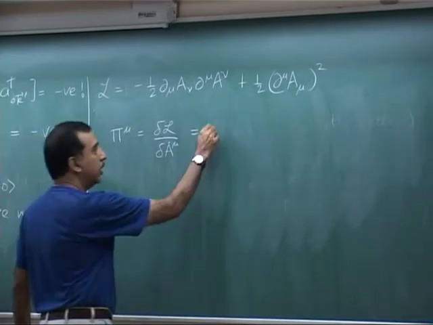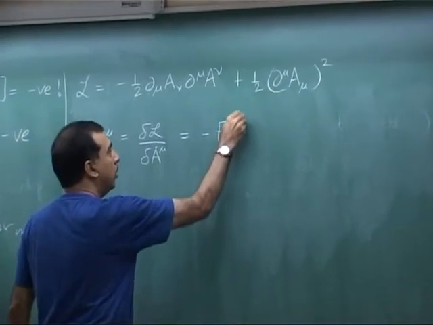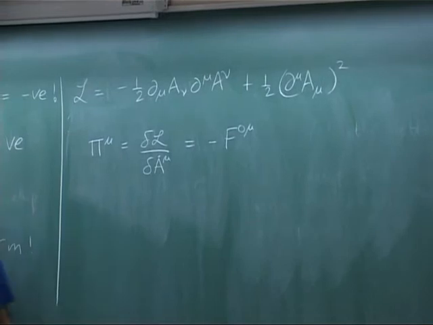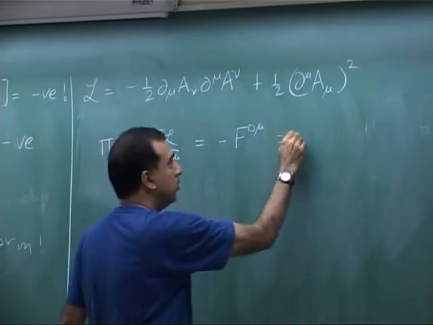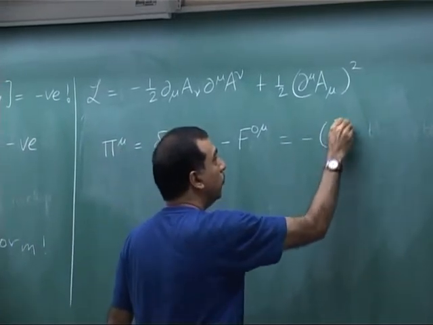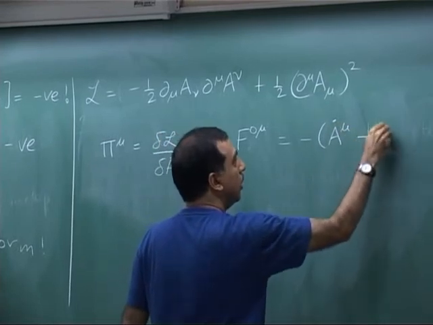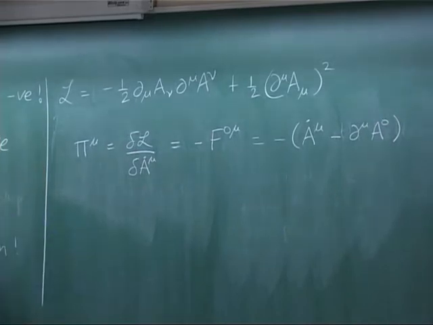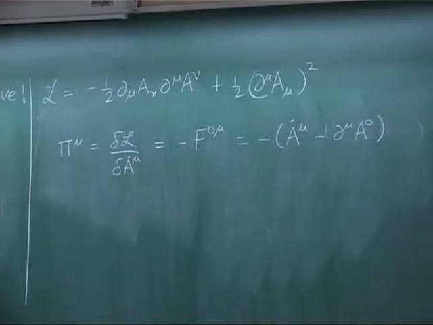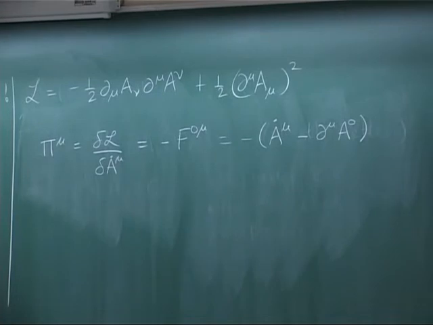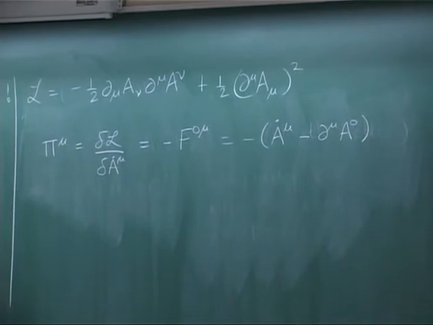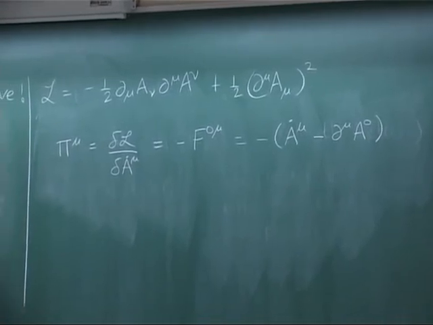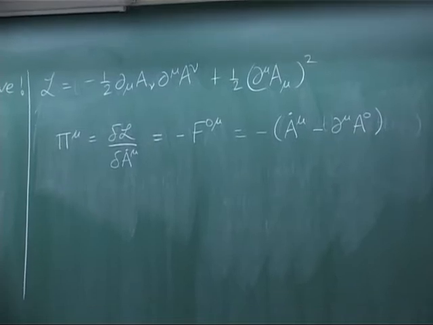If you combine with the second term, you get minus F0 mu, which is the same as minus A dot mu minus del mu A0. Is that clear? That F0 mu is this definition. So we have a new term in the field momentum.